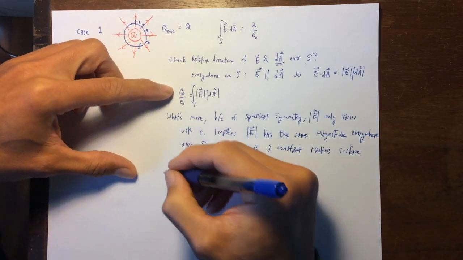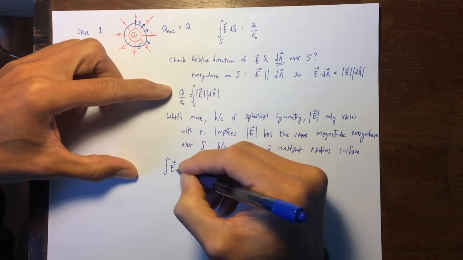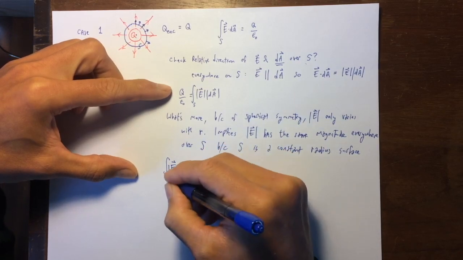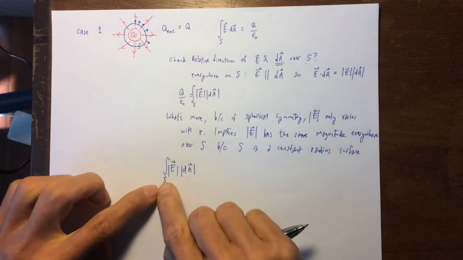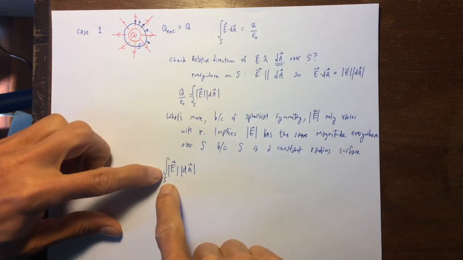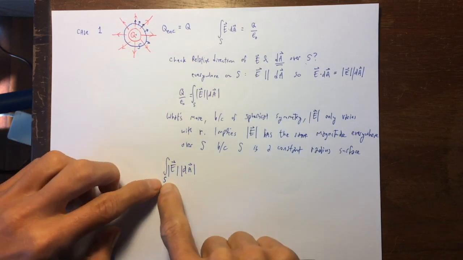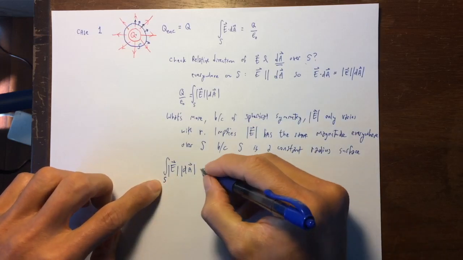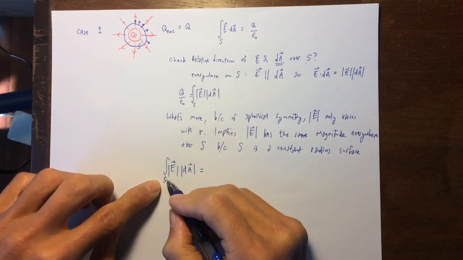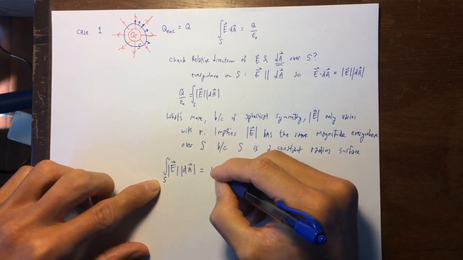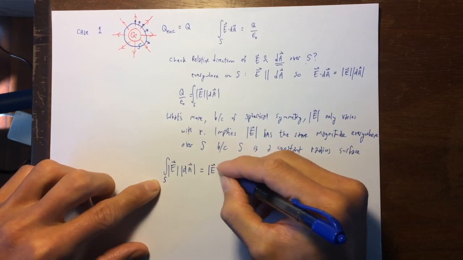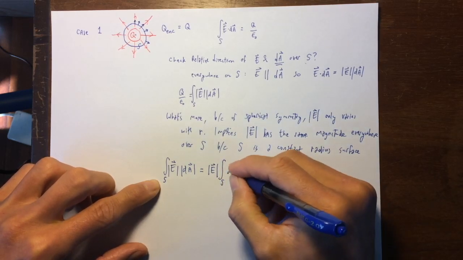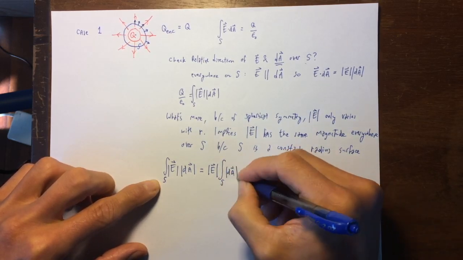And so that means that the integral of E over dA over the surface, if I stay on the surface, which is what this integration does, the value of the magnitude of the electric field is always the same no matter where I'm at on the surface, which means that the magnitude of the electric field is a constant of the summation, and I'm left over with this.